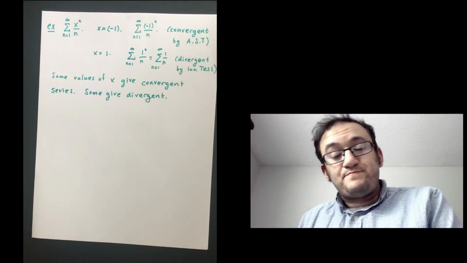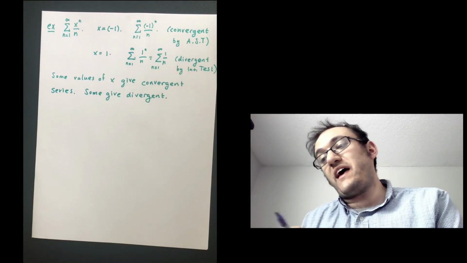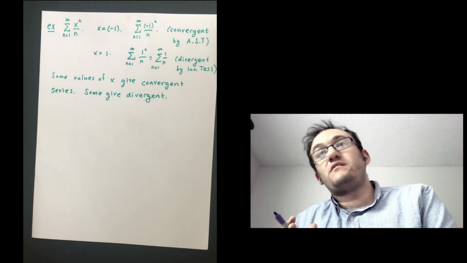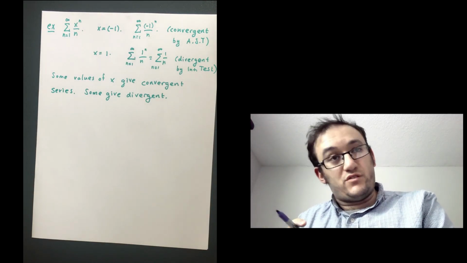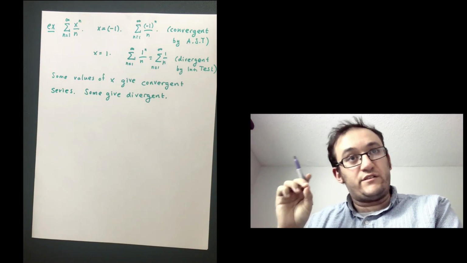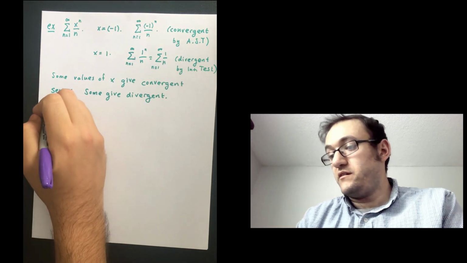It turns out that the values of x that give convergent series are always contained in an interval around the center of our power series. Okay?